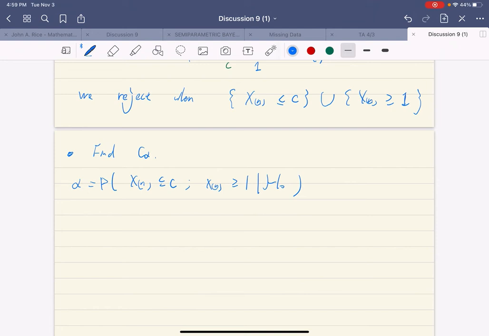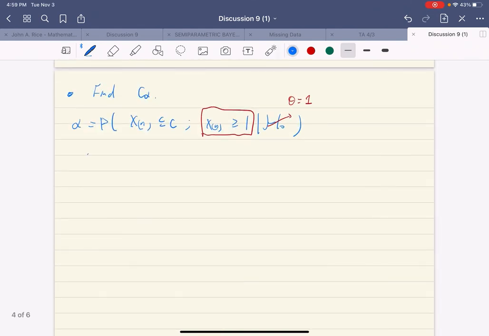And we know under the null theta is equal to 1, and when theta is equal to 1, Sn greater than 1 does not happen. So this is easy to calculate. It is equal to C to the power n.